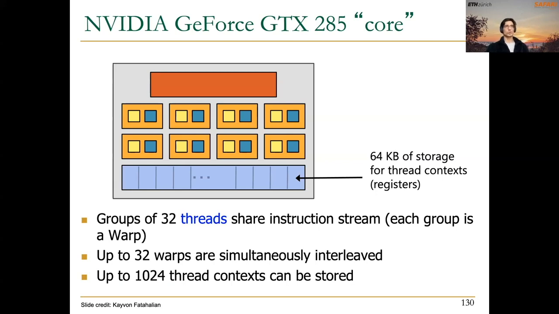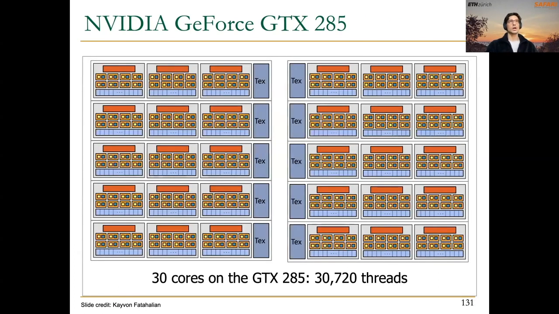It can execute groups of 32 threads that are the warps. There is, of course, a limitation in the maximum number of warps that we can have in each core, because in the end, the number of thread contexts, PCs, masks that we have is limited. But yeah, it was really powerful at its time. Like you see, it could run more than 30K threads at once on the system, right?